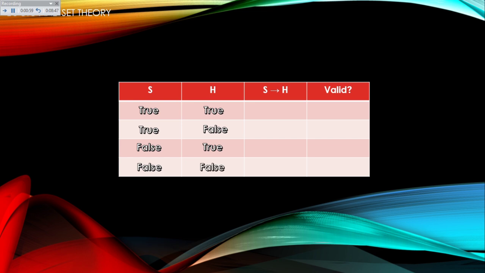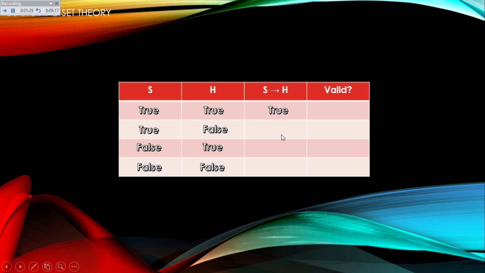Row 1: S is true and H is true supports the statement, so the implication holds.